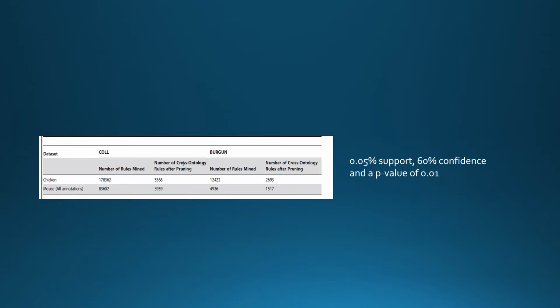So the same has been used in the Burgun algorithm, and these have been compared, and it was seen that the first one, the cross ontology level by level algorithm, has been much more useful and gives much more meaningful patterns compared to the Burgun algorithm.